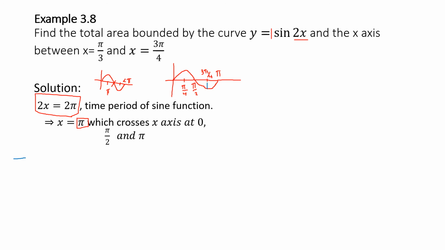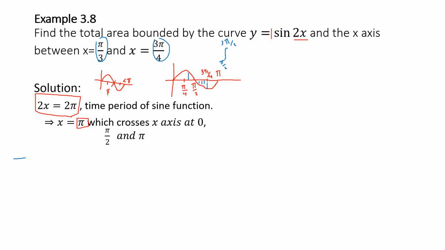So one integral is from pi by 2 to 3 pi by 2. So this, okay, and pi by 3 falls where? Pi by 3 falls somewhere in this locality, I think.